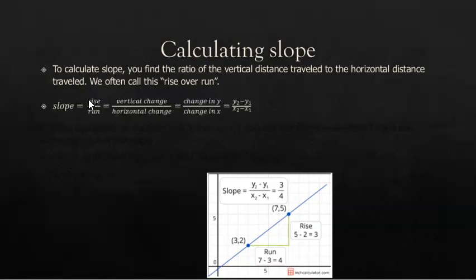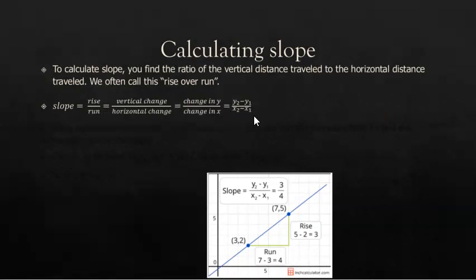So if slope is rise over run, rise being our vertical change and run being our horizontal change, vertical being our change in the y values of the points, horizontal being the change in the x value of the points, then we can come up with this formula using 2 points on the line.